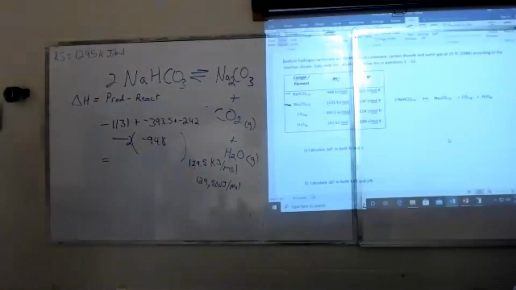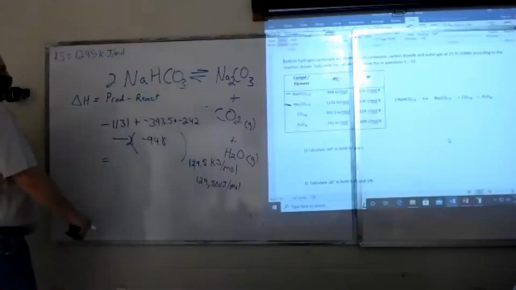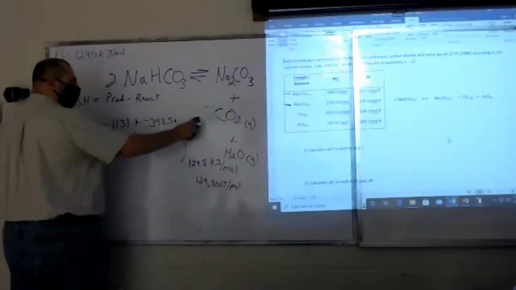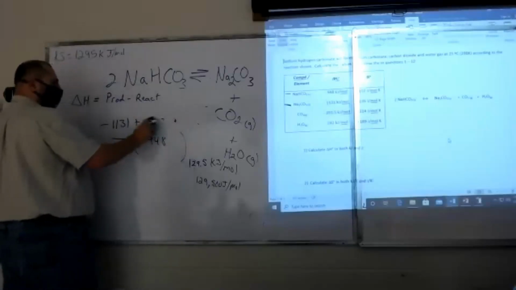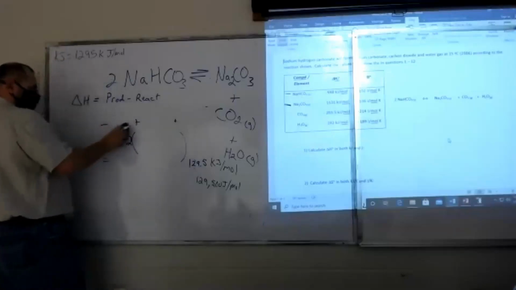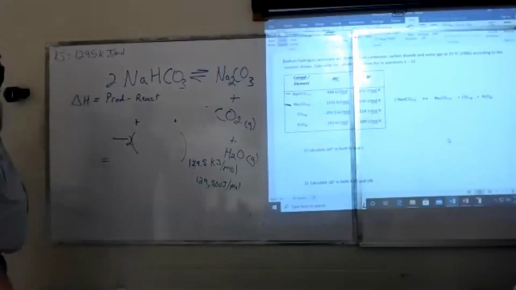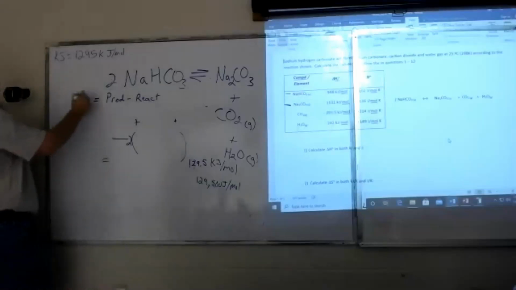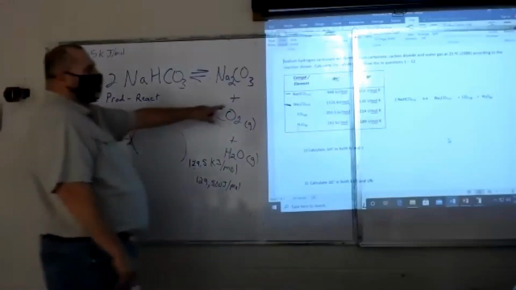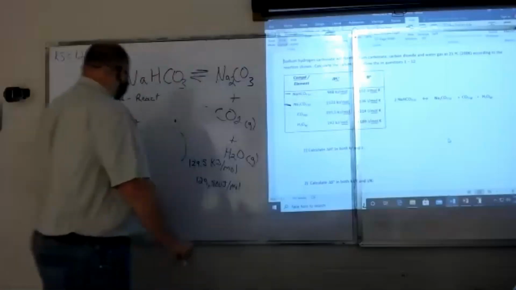Then they wanted the delta S. So I'm going to just change some of these numbers. I'll change that number, this number, this number, this number, changing it to S's. And I'm looking at the next column. So my products, my Na2CO3 was plus 136.